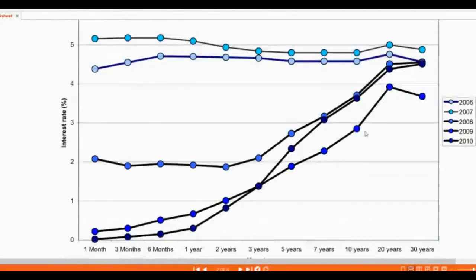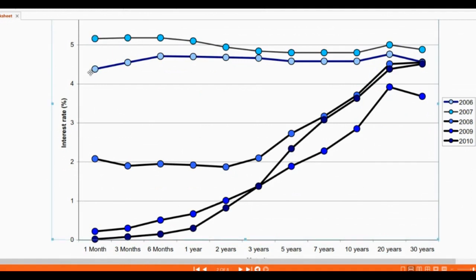Another thing that you might notice is that these long-term rates don't actually move around much either, right? They seem to be fairly stable, whereas the ones over here, on the left-hand side, they seem to move up and down.